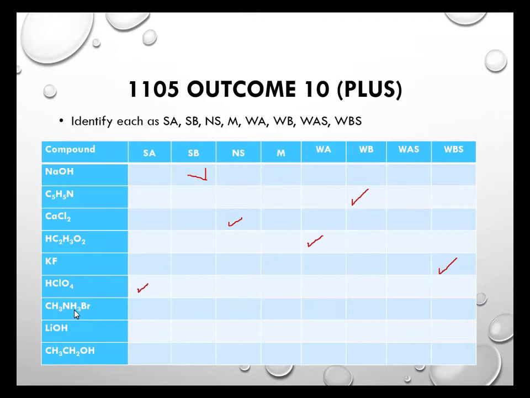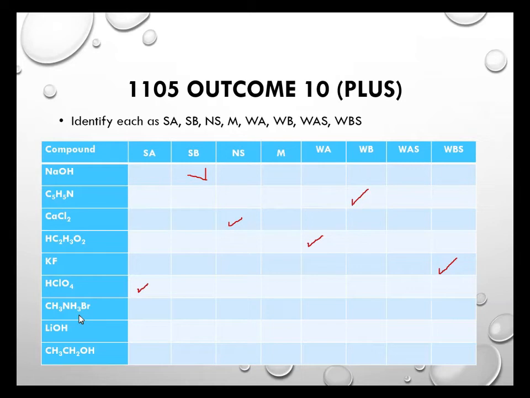CH3NH3 bromide. So this is methyl ammonium bromide, and that should make more sense now that we've looked at some functional groups. Bromide is the conjugate base of a strong acid, and therefore it's such a weak base that it doesn't act as a base. It's a neutral anion in aqueous solution. But the CH3NH3+, the methyl ammonium ion, is the conjugate acid of a weak base, methylamine.